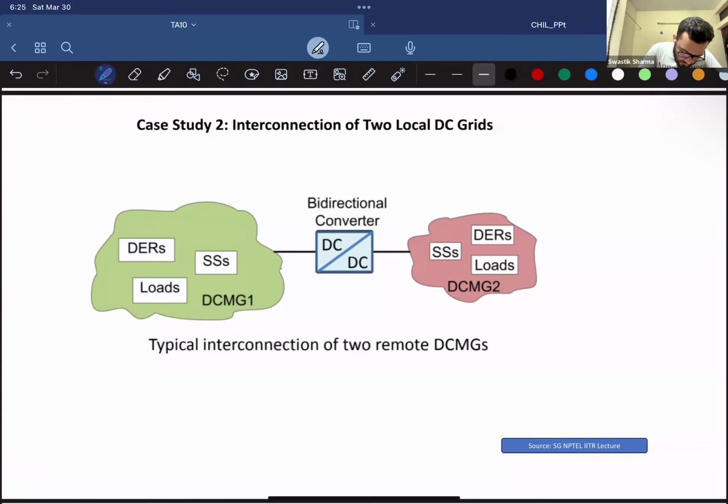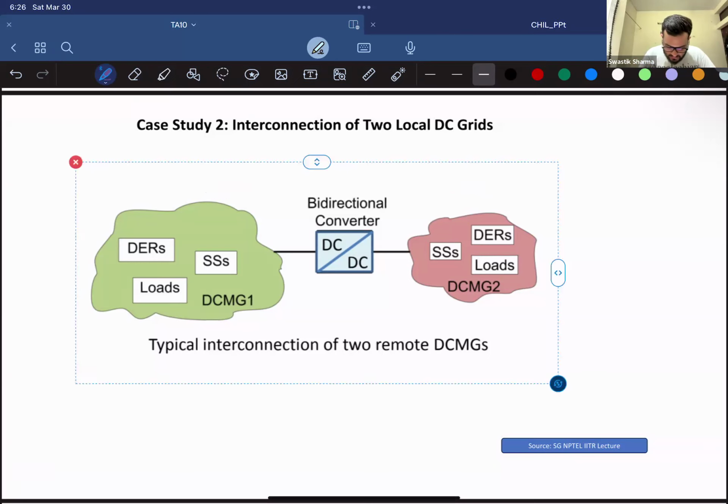Let's say one is at 58 volts and the other is at 56 volts. At the point of coupling, your voltage should be the same. That is something that you have to maintain in your interconnection stage.